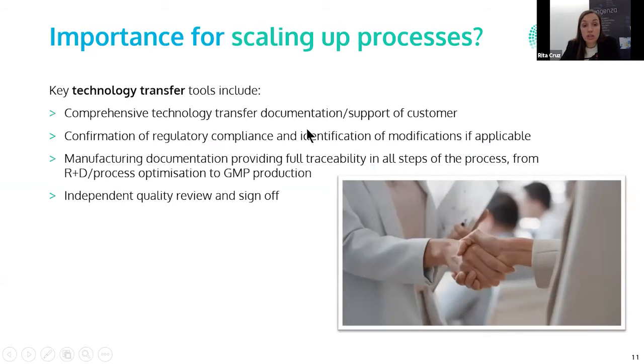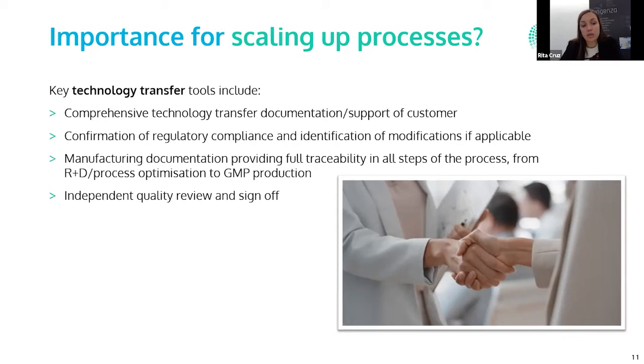Key technology transfer tools include having comprehensive documentation to guide the customer or the partner through this transfer. We need to be able to confirm regulatory compliance. We need to be able to provide full traceability in all steps of the process, the development of the process, or any manufacturing of small batches that we do in-house.